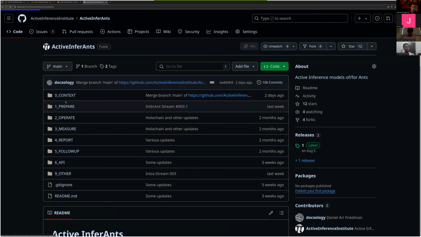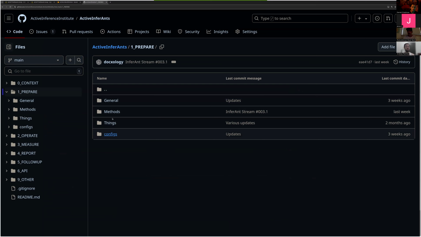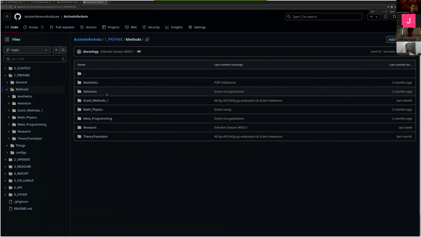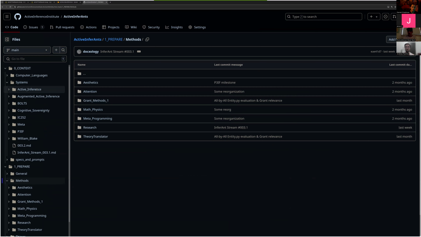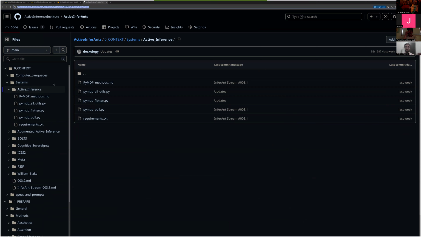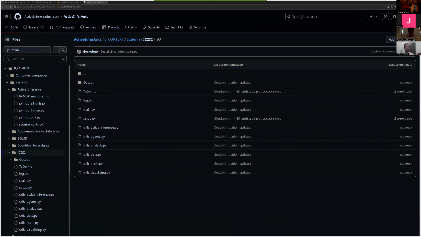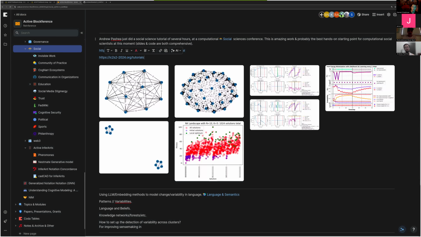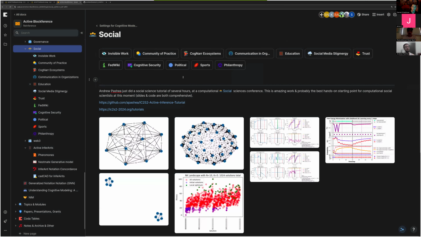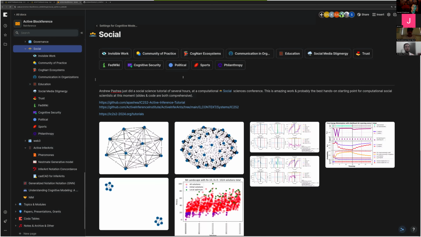There's a lot of complexity because they tried to build PyMDP off of SPM and MATLAB, which is what Friston and other folks developed, and it's just been in development for years. So they're trying to recreate this massive project, and I just think, well, if you want to get more people using it, let's make some more from scratch tutorials on how to go about this. So that's what I did.